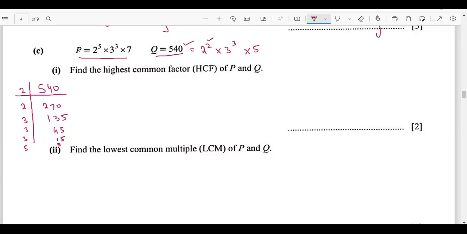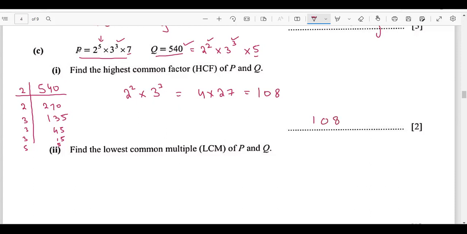We have 2 squared here, we have 2 squared here as well. 2 squared is common, and then 3 cubed is common. That is it. 7 and 5 are not common, so this would give you 4 into 27, and that is going to be 108. So the answer would be 108 for HCF.